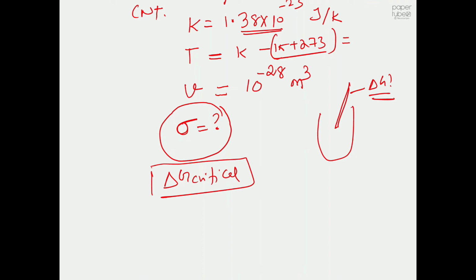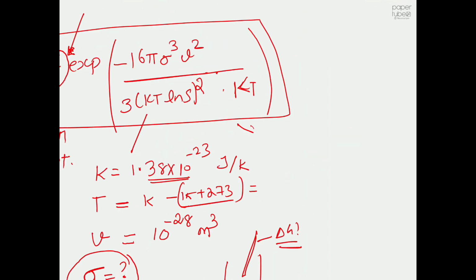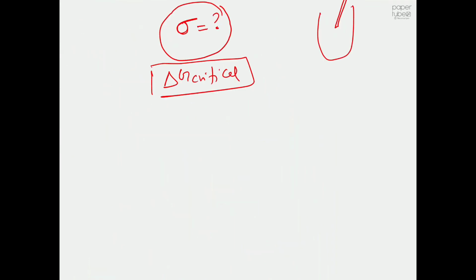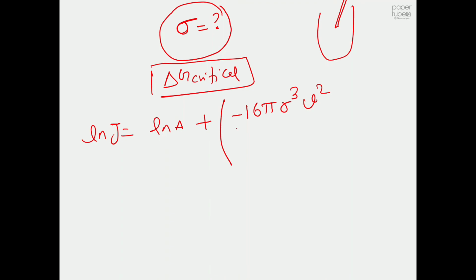It's very easy. Let's call this equation 3, and let's expand equation 3. Take natural log on both sides: natural log of A, plus minus 16 pi v squared divided by 3 k cubed T cubed, ln of S the whole squared, times sigma cubed.